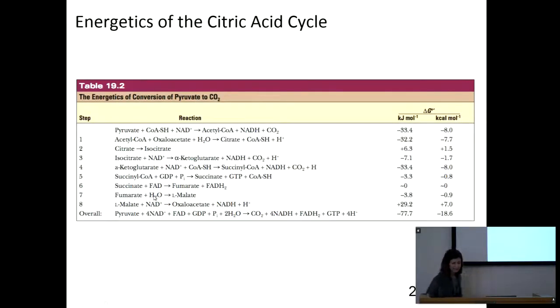The energetics. We're going to look at the delta G naught prime. Remember, the naught means 1 molar concentrations. The prime means 1 molar concentrations for everything but pH, so it's pH 7. And let's look at the kilojoules per mole. We can see that the energetics are highly exergonic for a number of steps.